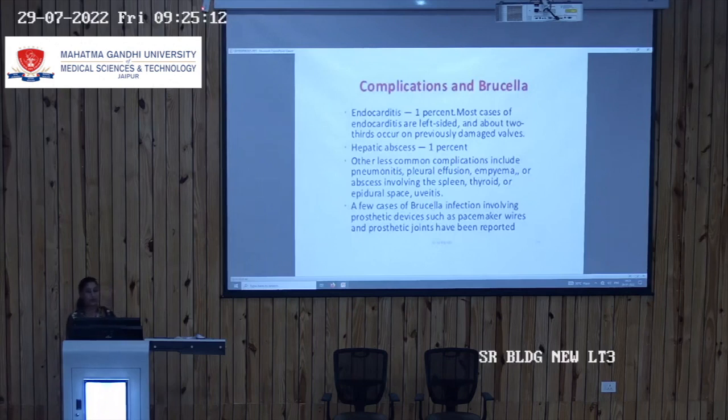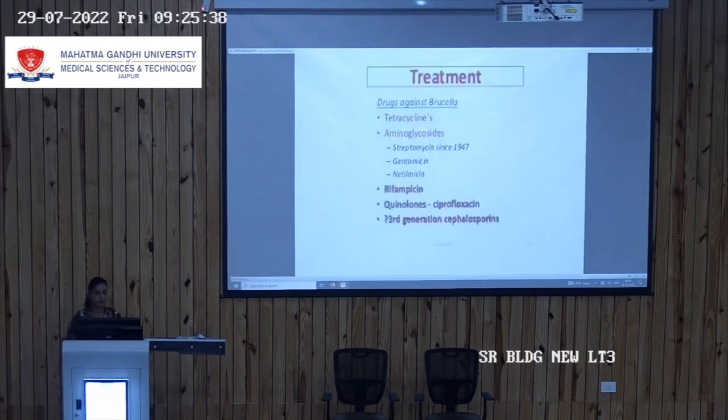In certain complicated cases, there may be endocarditis or even hepatic abscess, that is abscess in liver may be seen. A few cases of brucella infection may involve prosthetic devices like pacemaker wires and prosthetic joints. It may even involve the artificial devices.